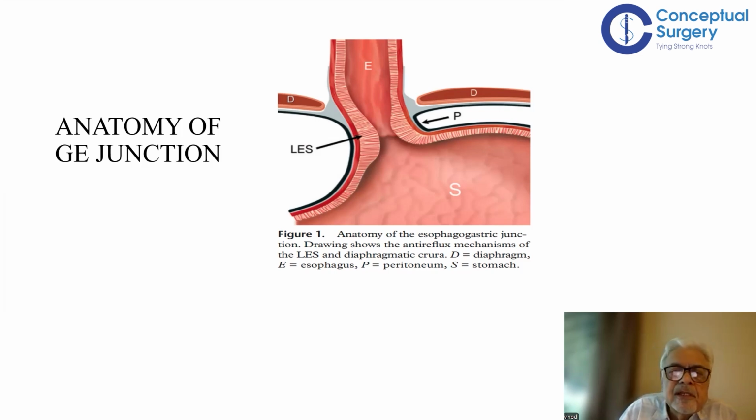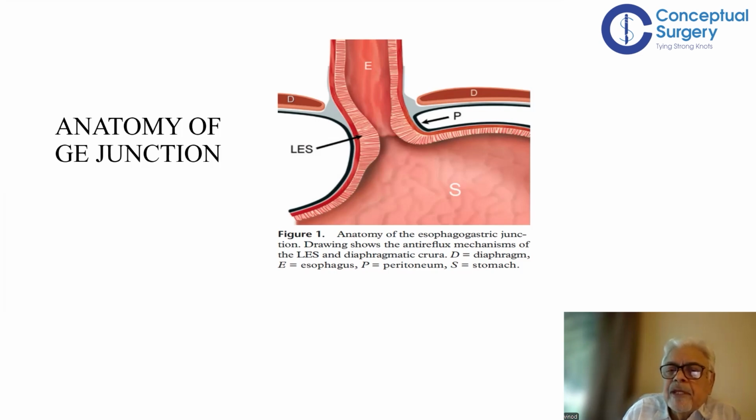This is generally having a length of about 2.5 to 3 centimeter. There is an esophageal length which is there in the abdomen, which is about 3 centimeter or plus. So this is a very important information that we should always have, that a length of esophagus in the abdomen is an important ingredient to preventing reflux. And that the length of sphincter is about 2.5 to 3 centimeter.